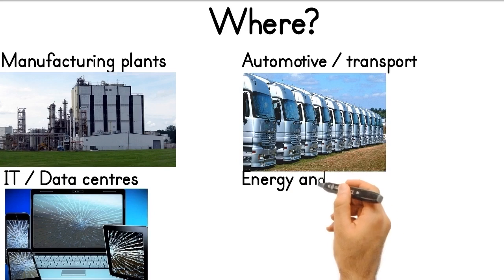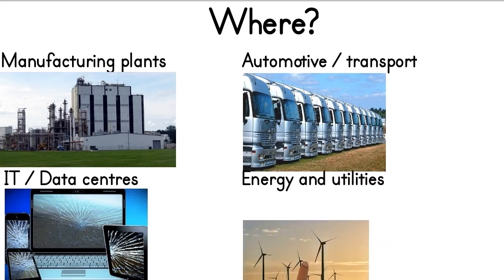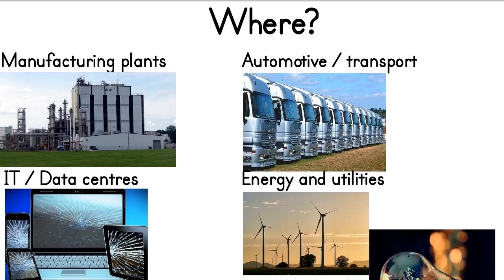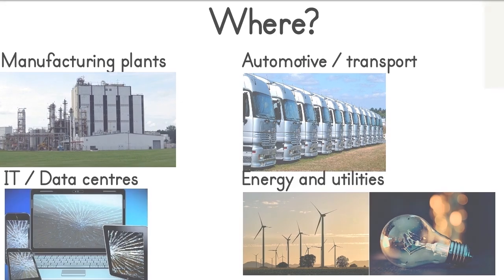Automotive and transportation. For fleets of vehicles, MTTR is used to track repair times and maintain high operational availability. Energy and utilities. MTTR is important in power plants and utility sectors, where breakdowns can lead to significant downtime and impact service delivery.